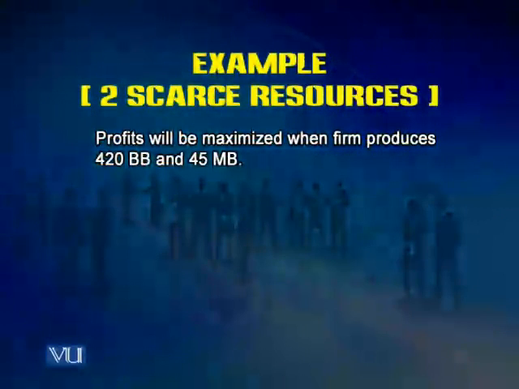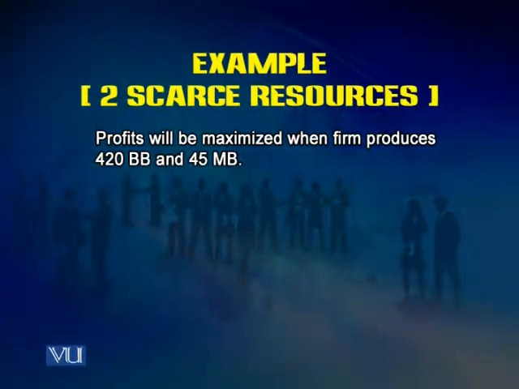Given that each MB is going to take 8 hours, we are going to produce 45 units of MB. So our total production will be 420 units of BB and 45 units of MB. This will be the normal procedure to follow with a scarce resource to maximize the contribution.